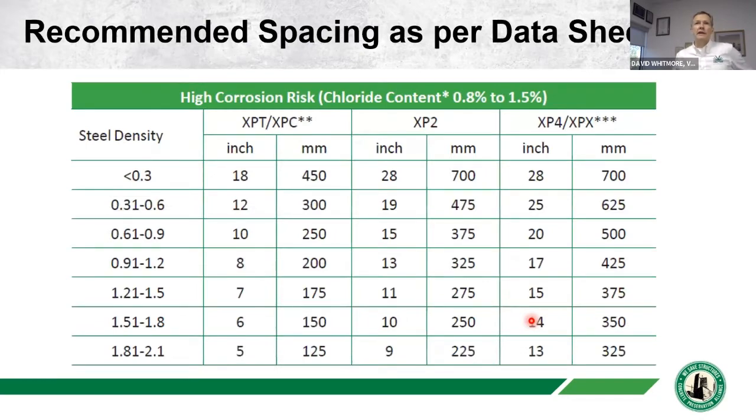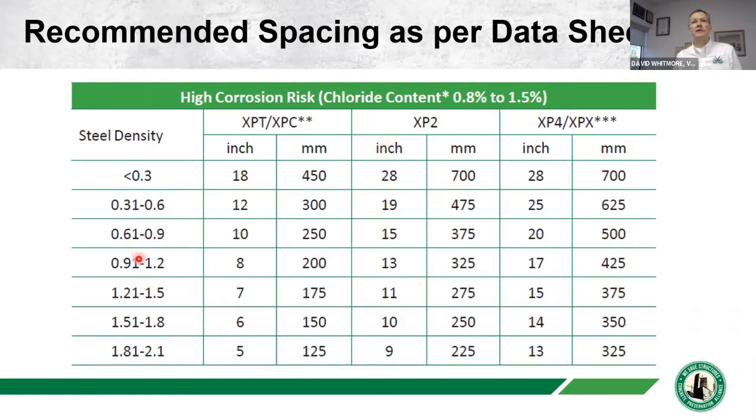If we take the information then, and you go to the standardized spacing charts, there will be different spacing charts for each corrosion risk. I just happened to pick the middle range here, so 0.8 to 1.5.